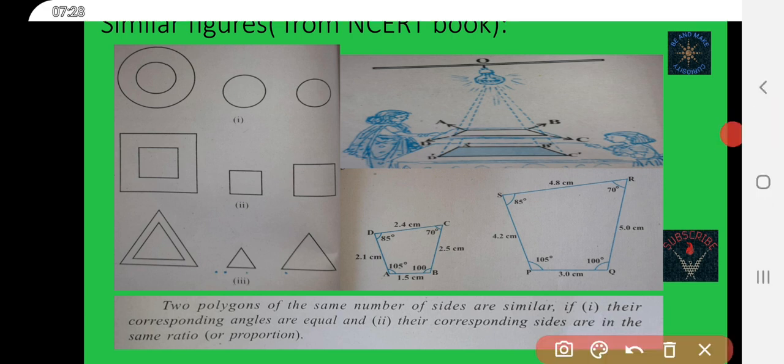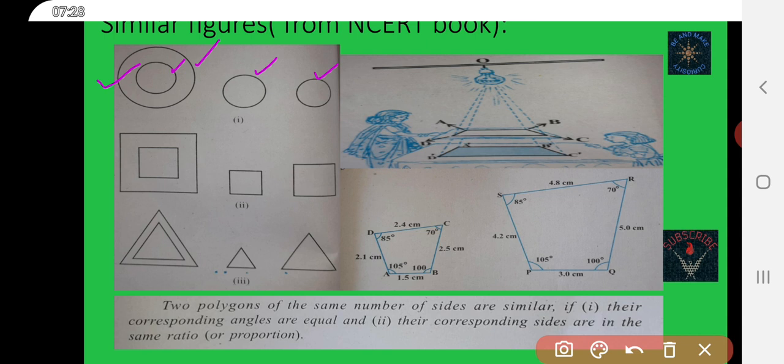See similar figures from the NCERT book. Here you see two circles, this circle, this circle. You just see what you are seeing. Here the shapes are the same but sizes are different.